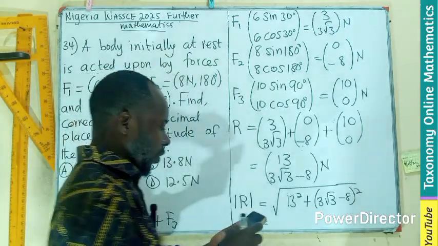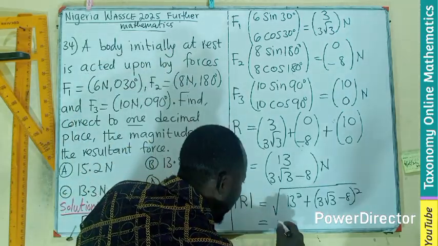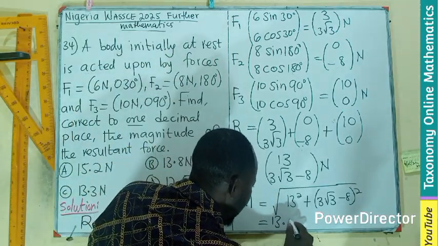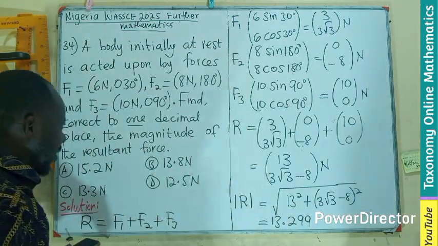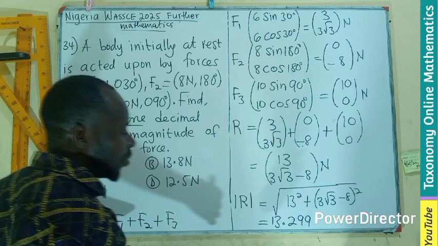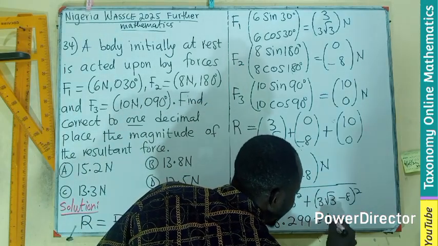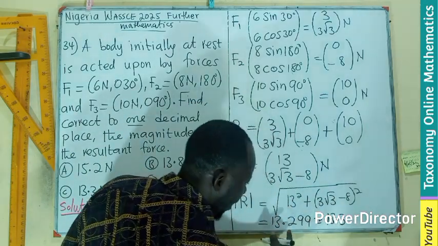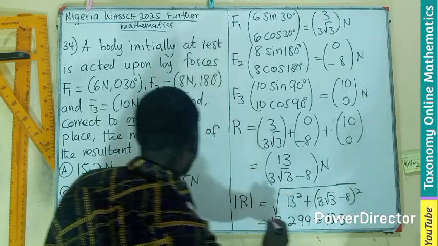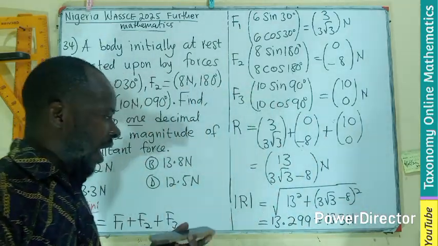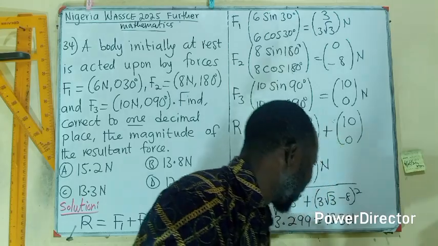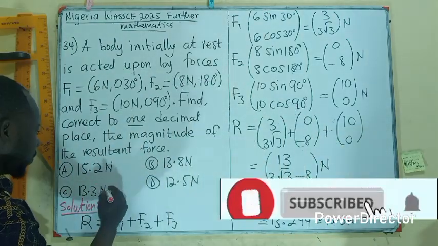This all in the calculator will give us 13.299. But the answer is left in one decimal place. So we are going to have 13.3, right? Approximation. Then the unit will be Newton. So the answer we are looking for should be 13.3, which is option C.